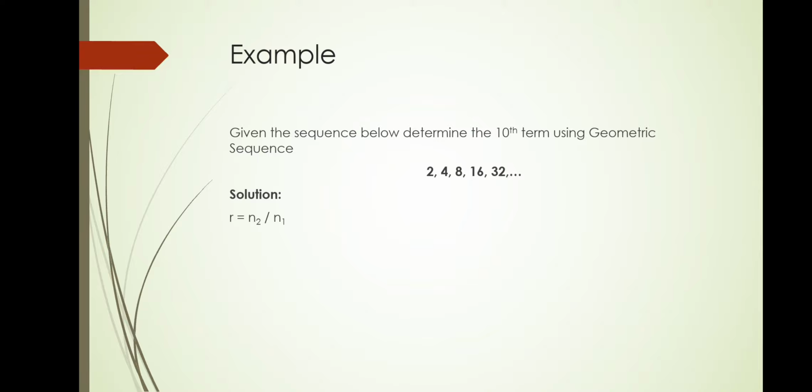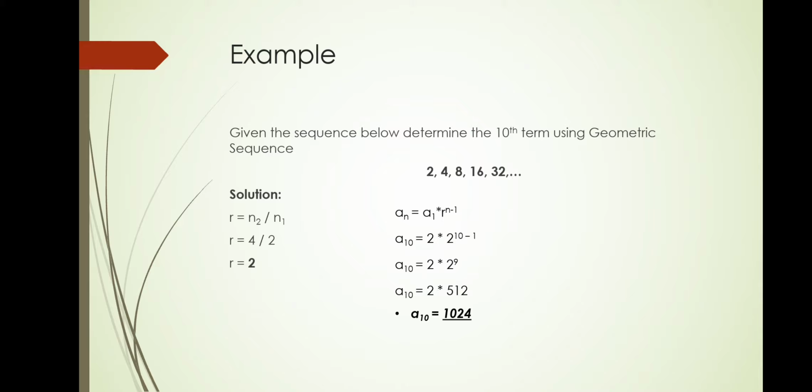Or, in short, the given formula from the previous slide is a sub n over a sub n minus 1. So, a sub 2 over a sub 1. Substituting the values, 4 divided by 2, and our common ratio is 2.